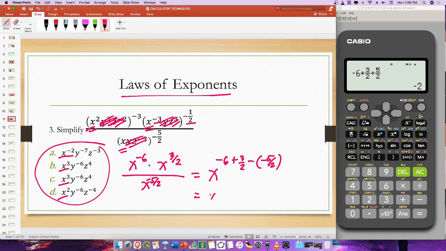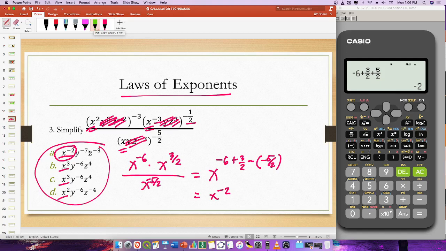So as you can see here, only this choice will be your answer, because it contains x raised to negative 2 as the power of the terms in x.